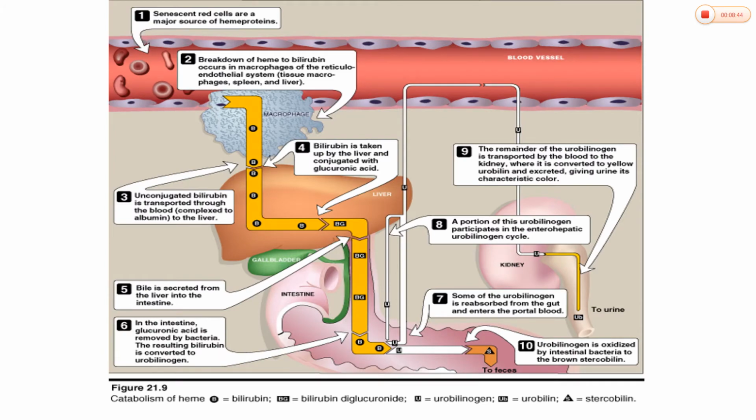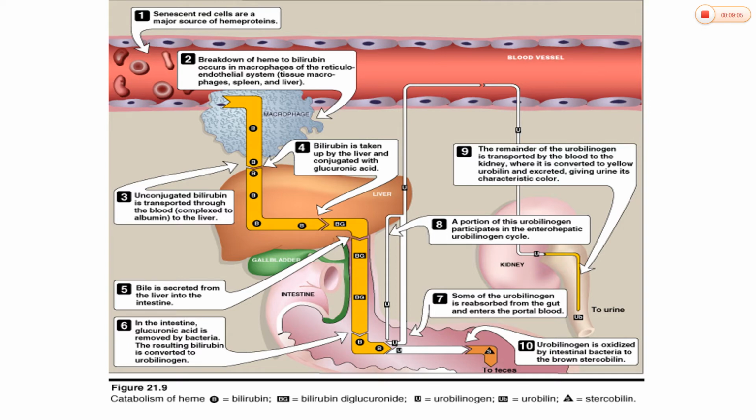This picture depicts the catabolism of heme. We know that the senescence of red blood cells is a major source of heme proteins. The red blood cells in the blood vessels are broken down, and these are the sources of the heme proteins.